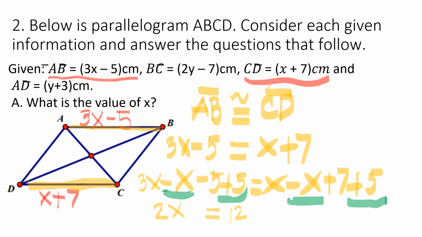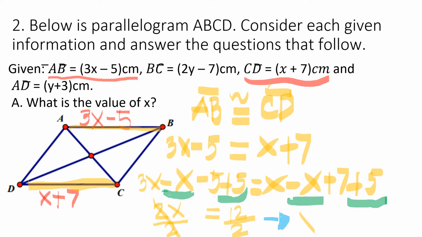To get the value of x, we divide both sides by 2. And we cancel that out.